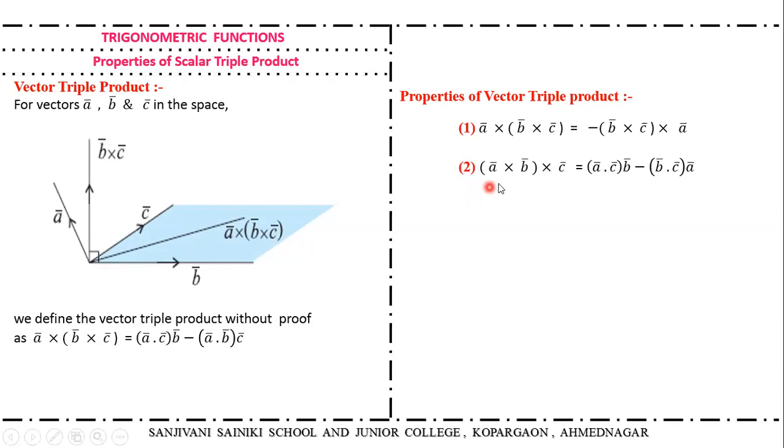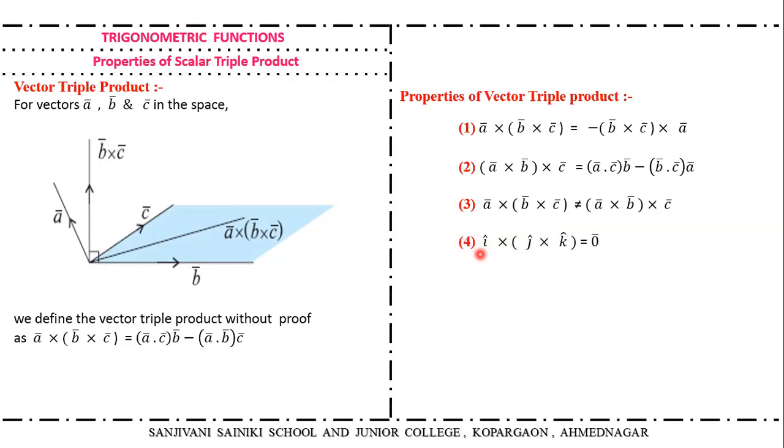The second one is A bar cross B bar cross C bar is equal to A bar dot C bar into B bar minus B bar cross C bar dot A bar. The third one: A bar cross B bar cross C bar is not equal to A bar cross B bar cross C bar with the brackets moved. That means the vector triple product is not associative.